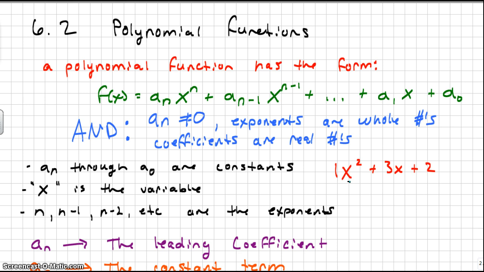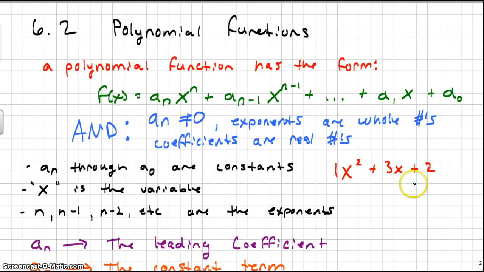So we have 1 x squared. The n in this case is 2. And then our next one is a sub n minus 1. That's just the next constant. And our x is to the n minus 1 power. Well, if n is 2, then this should be the 2 minus 1 power, which it is. It's to the first power. And then a sub 0 is our constant.